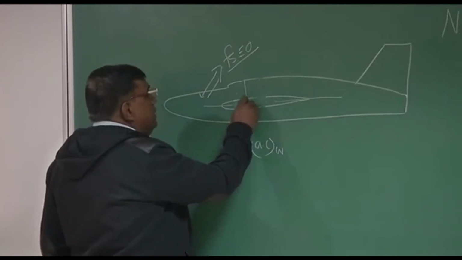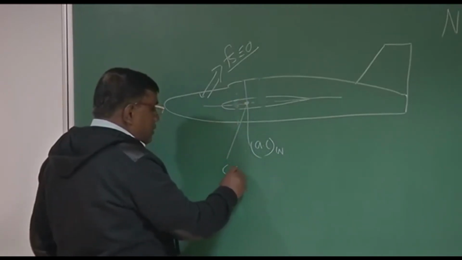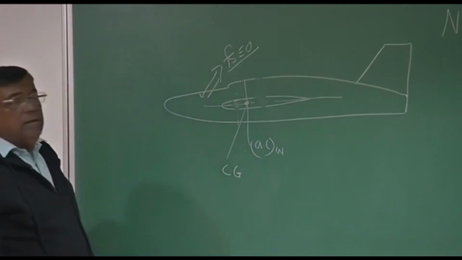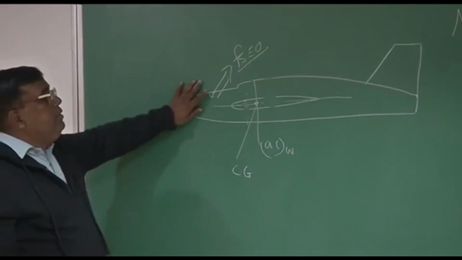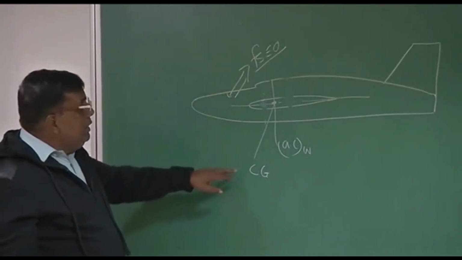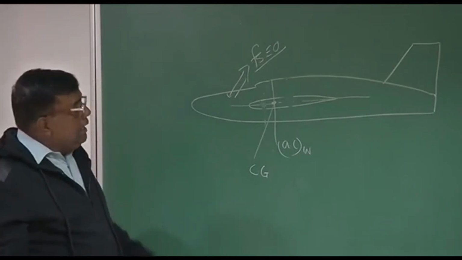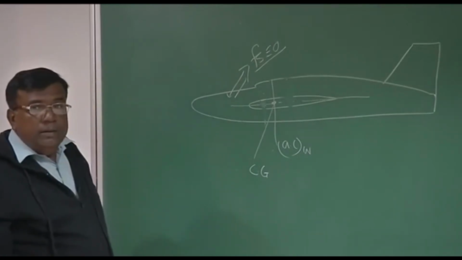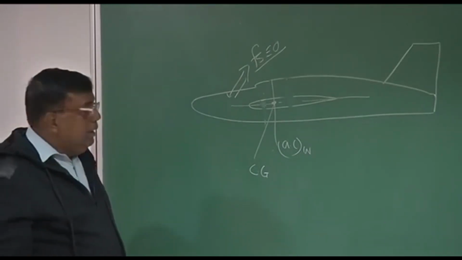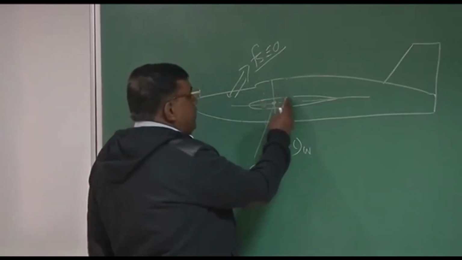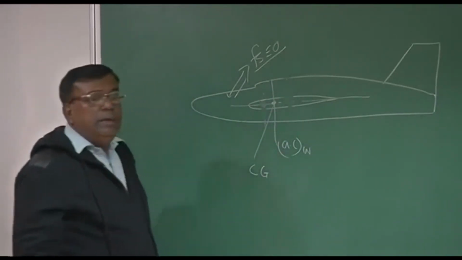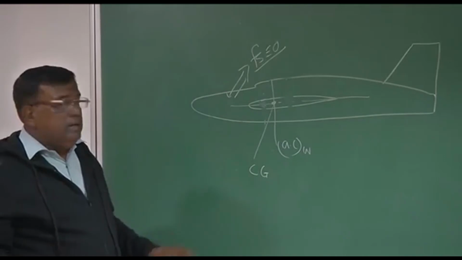Let's say the CG of the airplane is coinciding with the aerodynamic center of the wing. I repeat, we are not considering the fuselage effect at all. So in this case, what will happen? The aircraft will be neutrally stable, right? Okay. And if I further bring the CG aft of the AC of the wing, it will become statically unstable. This much you have understood.